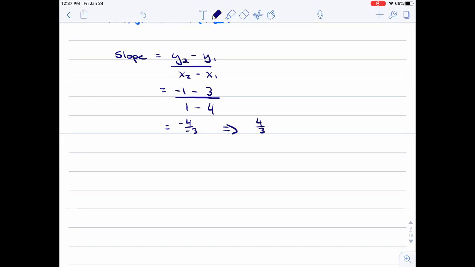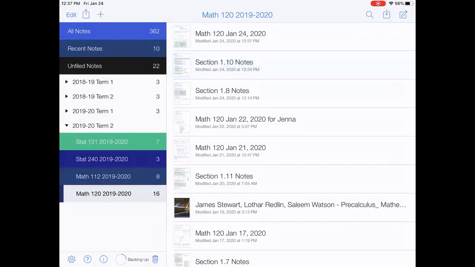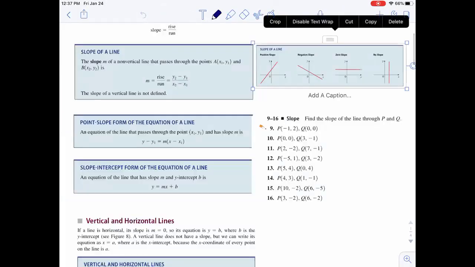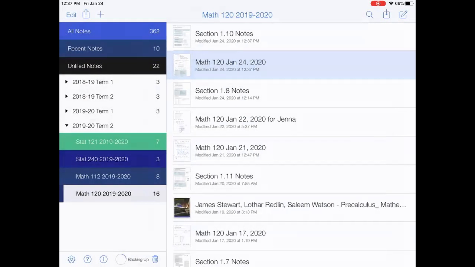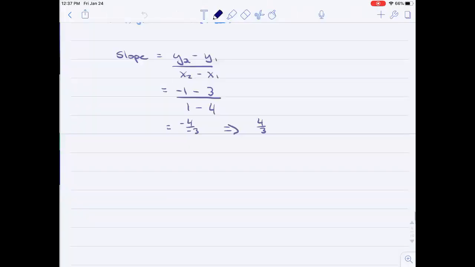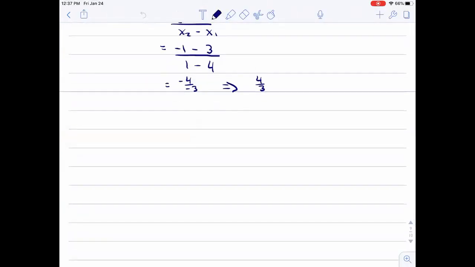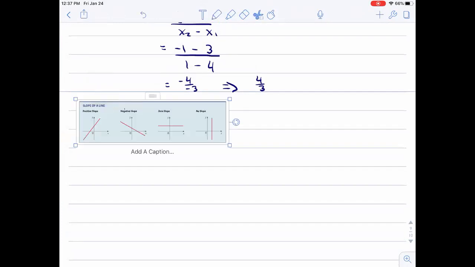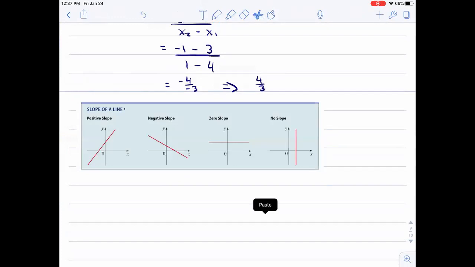Now, the thing is that we're allowed to have positive, negative slopes, or 0. So some options for our slopes. Positive slope is a slope that goes like this. So if it's a positive value like we had here, it's an upward slope. And if it's downwards like this, we say it's a negative slope.